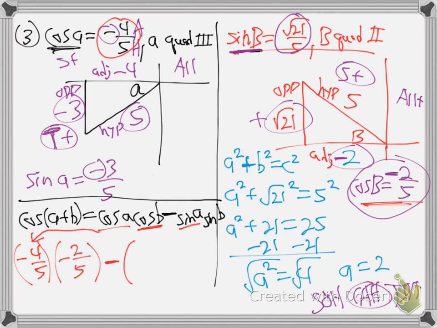Minus sine of A, minus 3/5. They're all negative. And sine of B, root 21 over 5. There we go. I just plugged everything in. That's why we needed to find sine and cosine for all those.